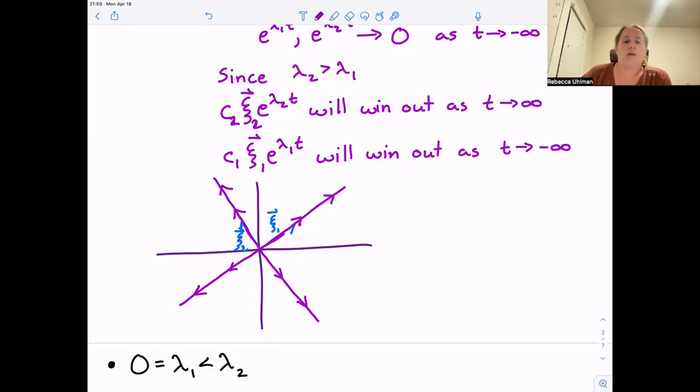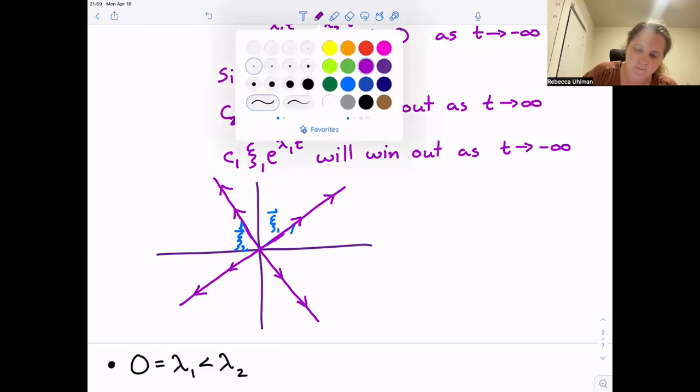Again, for any other solution, we'll start off more or less following along with Xi1, since the C1 Xi1 e to the lambda 1t wins out as we head in towards the origin. And then we'll end up following the direction of Xi2.